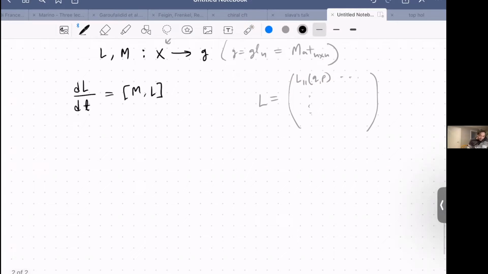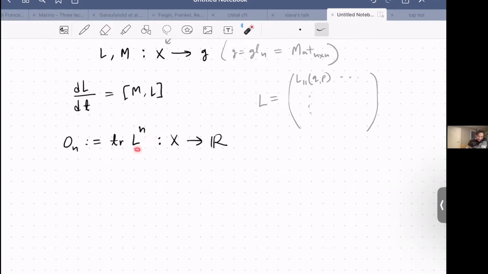So this immediately implies the following, that if you define some functions, such as these, the nth power of L, and then you take the trace. Notice that this is an ordinary function on the phase space, right?